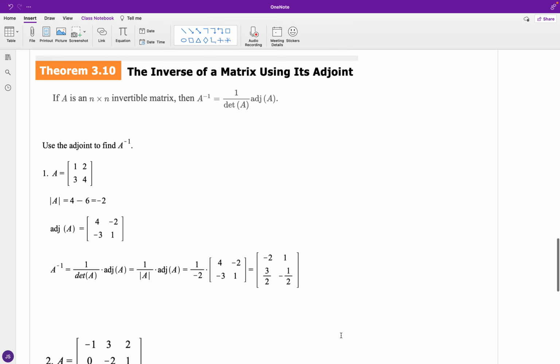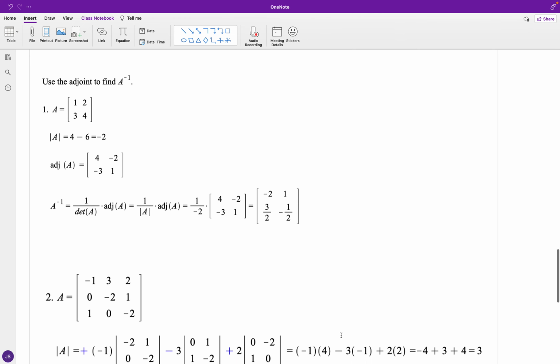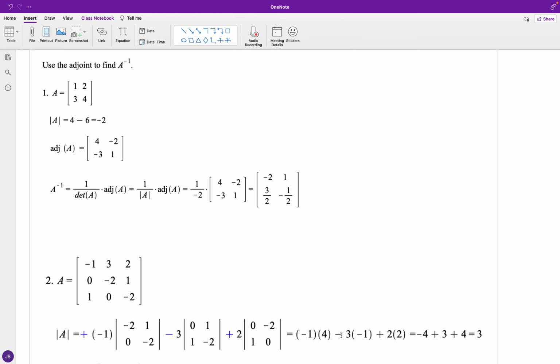Now, going back to the 3 by 3 matrix, if we look at the determinant, you have your alternating sign pattern, plus, minus, plus, and working with the top row elements and taking the cofactors, the minors, you have plus of -1 times the determinant of the exposed elements with -2 and 1 at the top, 0, -2 on the bottom.